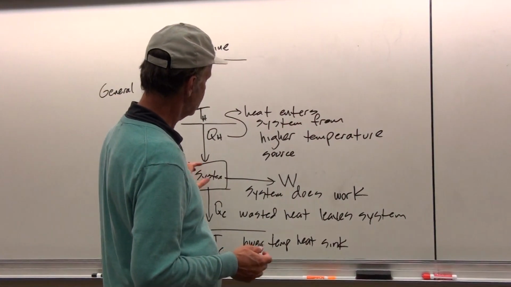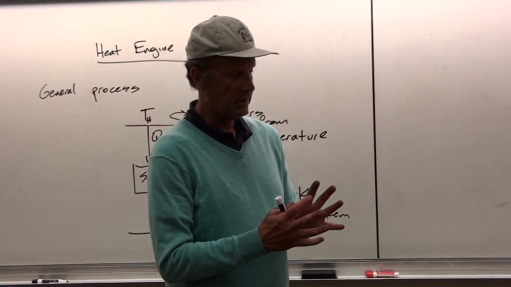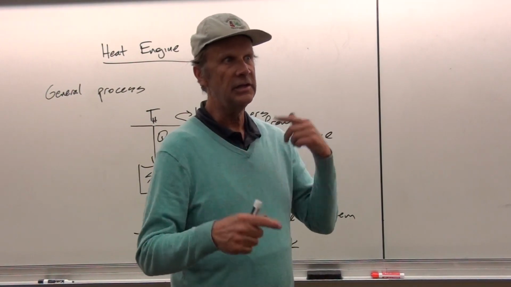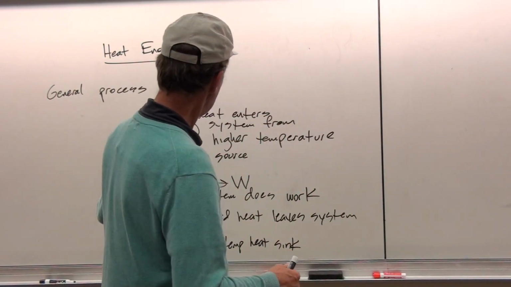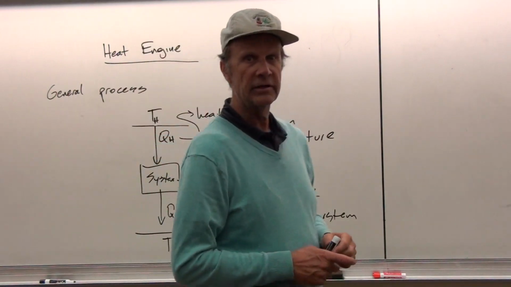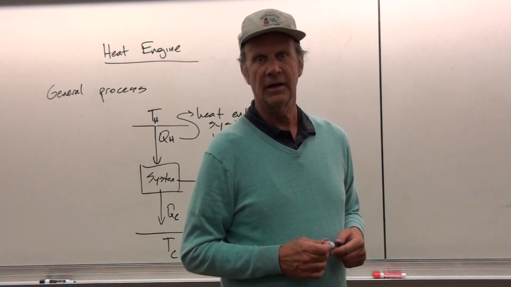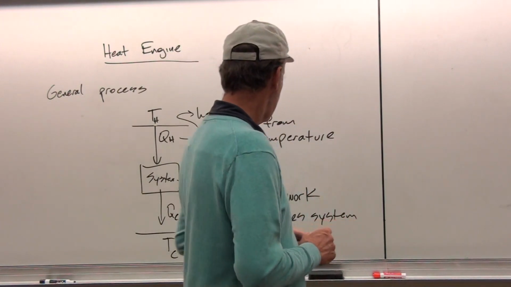In this case, the system would be as the water expands in the nuclear pile, turns to steam, that steam then can turn a turbine. That turbine then can generate electrical energy in the form of electricity that we use in our houses.